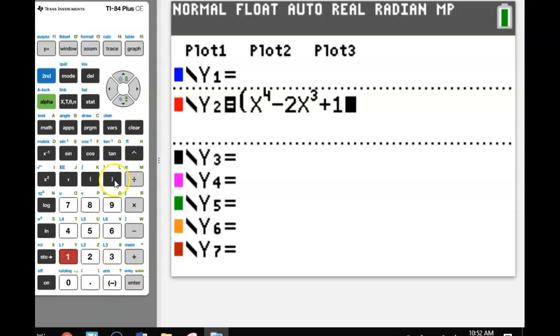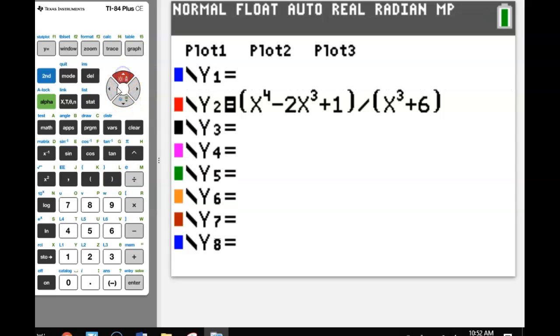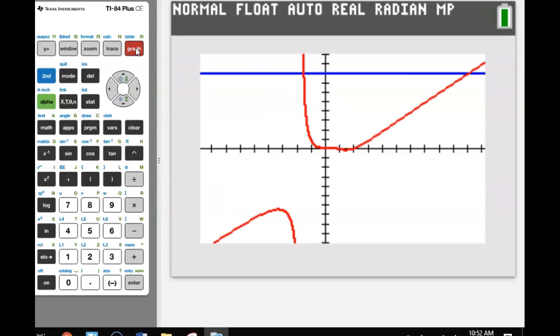Plus 1, close parenthesis, divided by, open parenthesis, x cubed plus 6, close parenthesis, and somewhere I got an 8. That's going to be a really long equation. Well, yeah. How many points of intersection? 2.